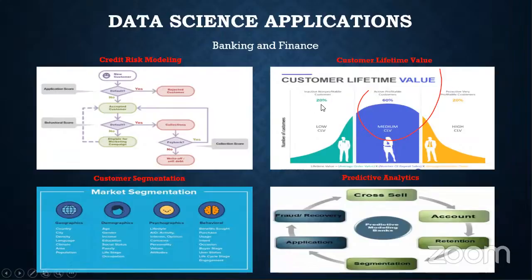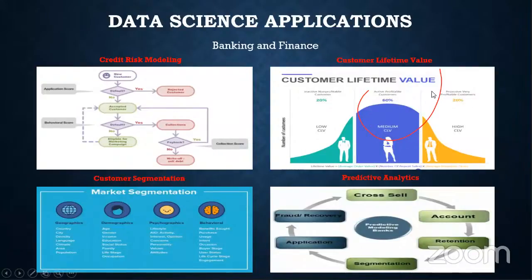Like almost around 20 percent, for example. So if they want to sell something, will they go and sell to these inactive customers? No, definitely not, because the risk of selling here is quite high. So that's why they always do segmentation based upon customer lifetime value, whether they should sell to the active customers or proactive customers.